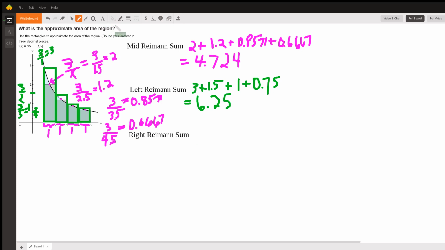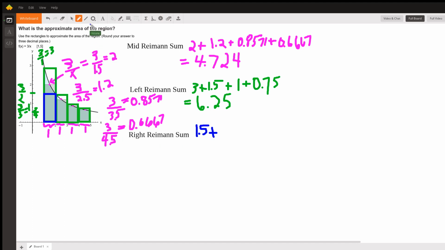Now, let's do it again, but let's go up each one of these rectangles on the right side. So I'm going to be here at 2 and stop at the function and draw the rectangle back. Well, this has a base of 1 and a height. We went up at 2 here, so 3 over 2. This is 1.5.